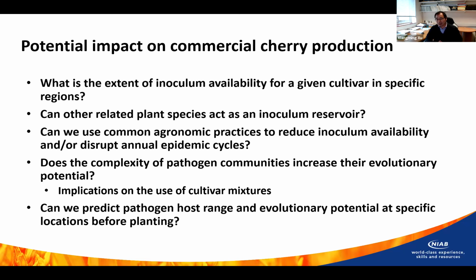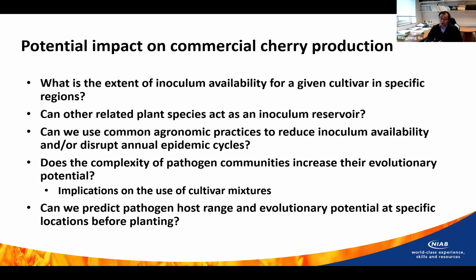Equally related to the third question: if the complexity of epiphytes influences the ability of the community to acquire the virulence factor, is there any way using agronomic practice to disrupt that evolution, or minimize the rate at which epiphytes acquire the virulence factor?